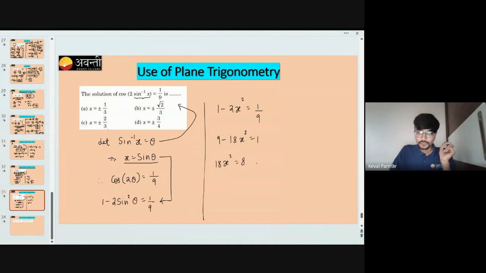So I can write x square equals 8 upon 18.